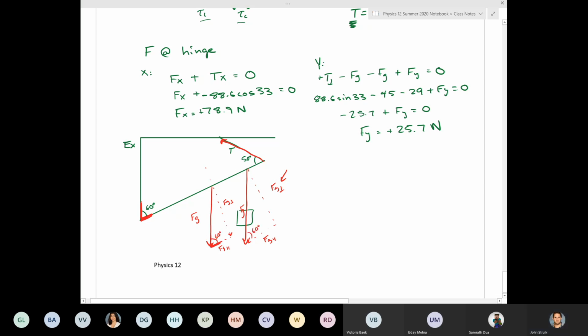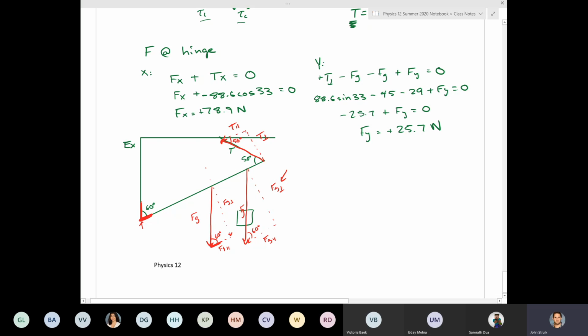And then right here, the tension up here, again, you need to break it into parallel and perpendicular. And again, this is 50 degrees. So if I were to solve this problem, this is my pivot point right here.